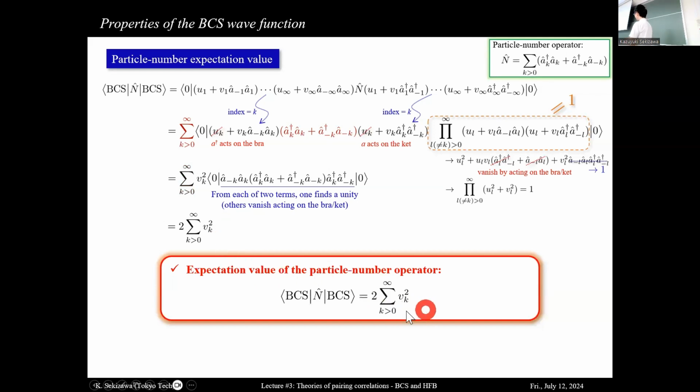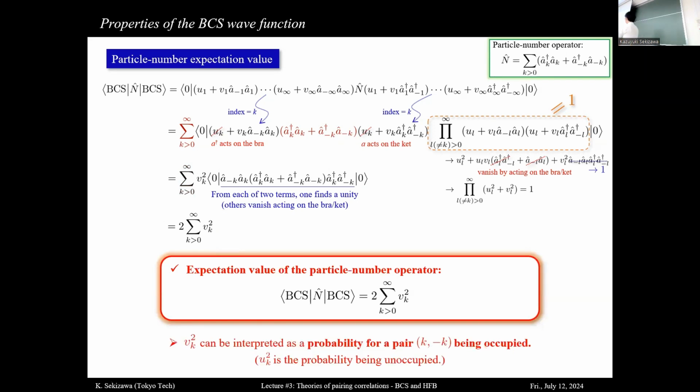So this is the particle number in the BCS wave function. Now you can interpret this v_k squared as an occupation probability of the paired state k, minus k. So this is the probability for the pair k, minus k being occupied.